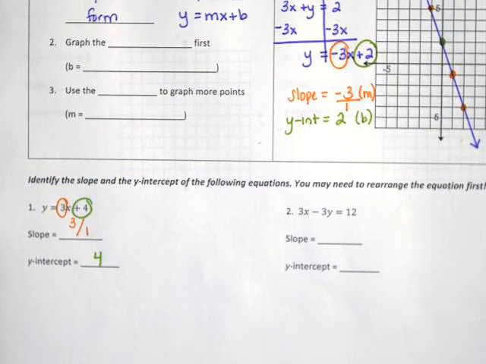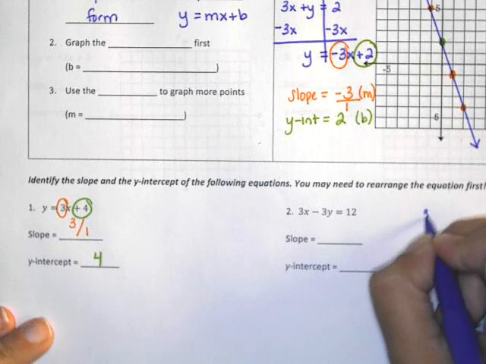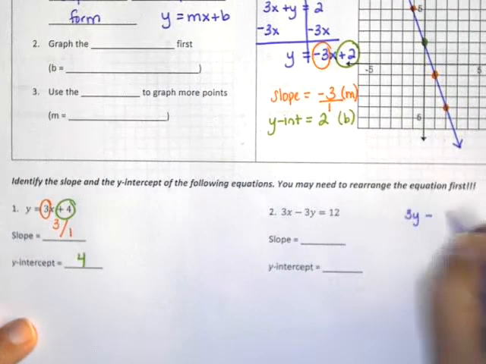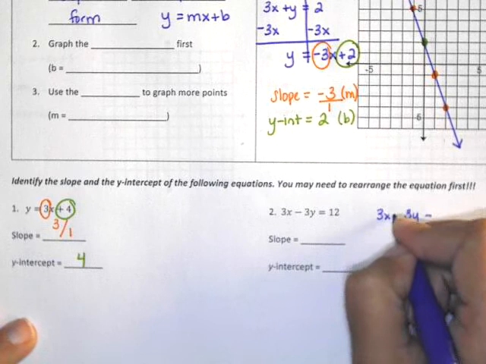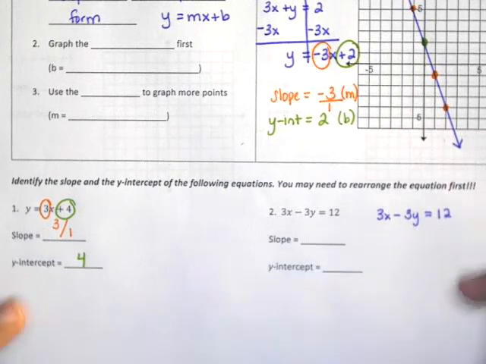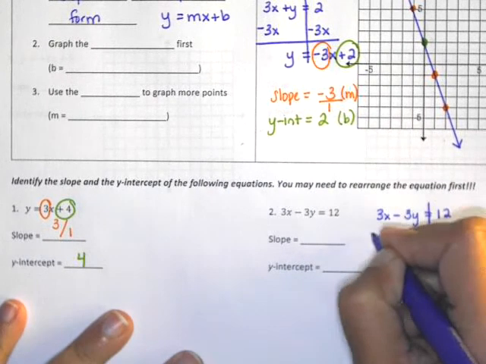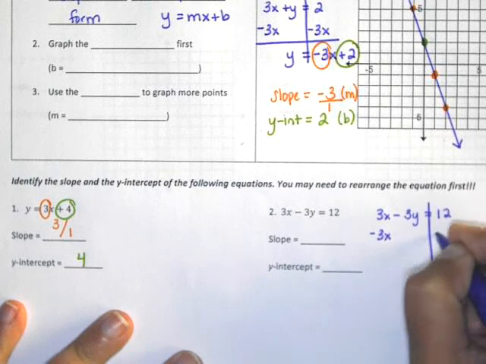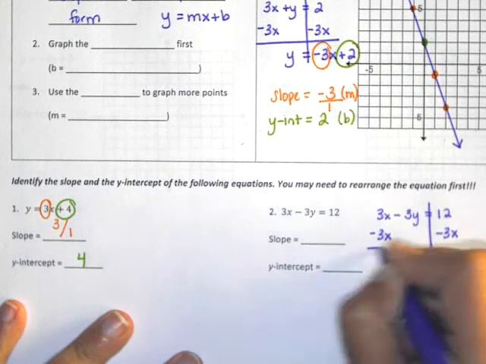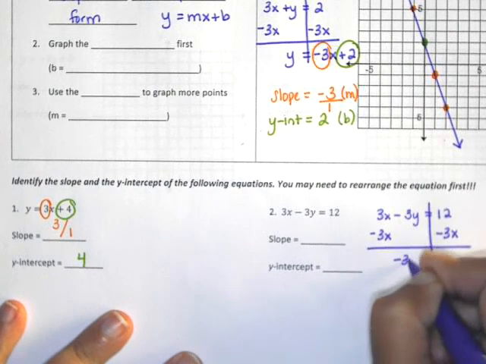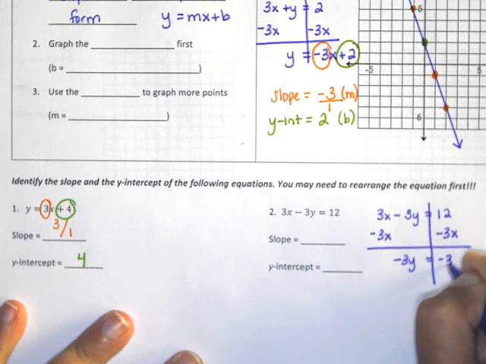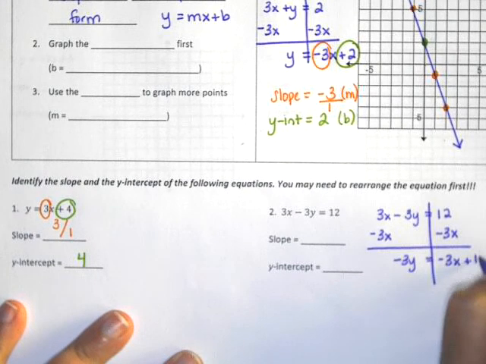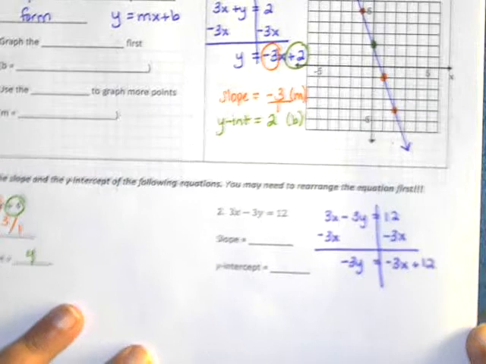In problem number 2, I'm noticing I have a little extra work to do because this equation is not arranged properly. So 3x minus 3y equals 12 is my original equation. I'm now going to subtract the 3x on both sides. Remember, my goal is to get the y by itself. So I have negative 3y equals negative 3x plus 12.